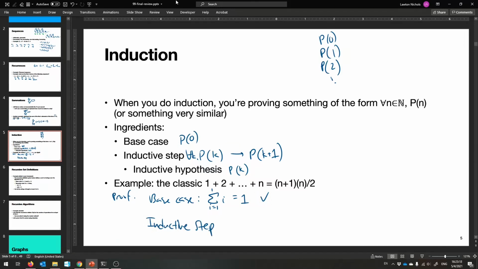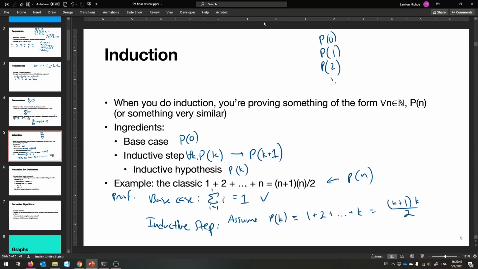And then the inductive step works like this. We get to assume P of k is true. Assume P of k, which is equivalent to assuming that this is P of n, right? We get to assume that 1 plus 2 plus dot dot dot all the way to k, right? We're plugging it in, equals (k plus 1) times k over 2.